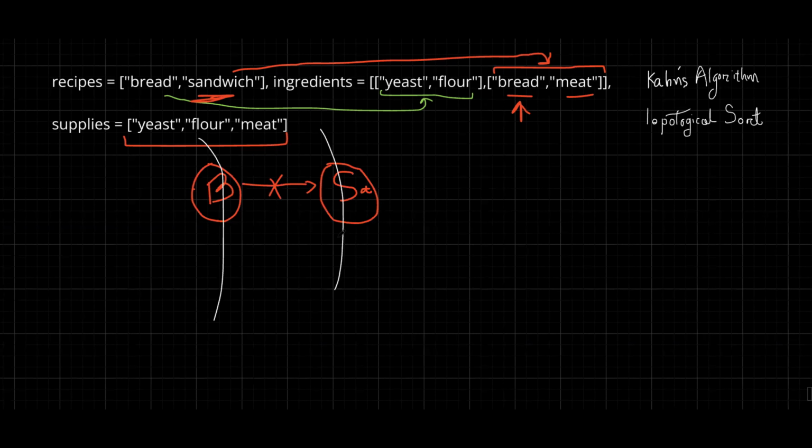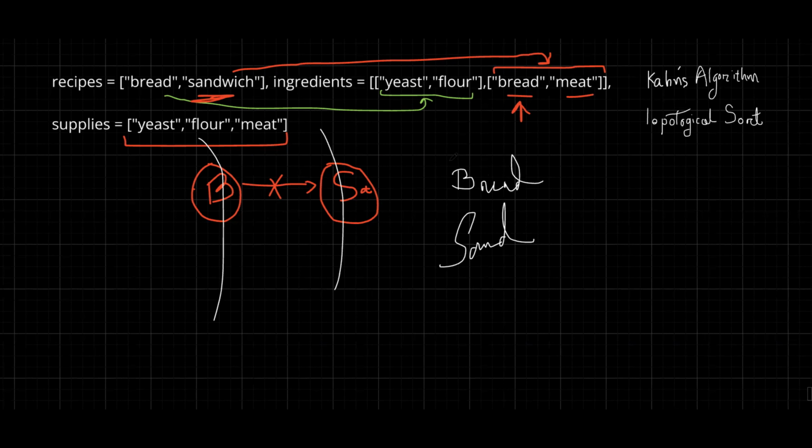By implementing Kahn's algorithm, we have found that we can make two of the recipes. One is bread and another is sandwich. And we have understood how we have built the dependency graph of this problem. I hope you understood the algorithm.